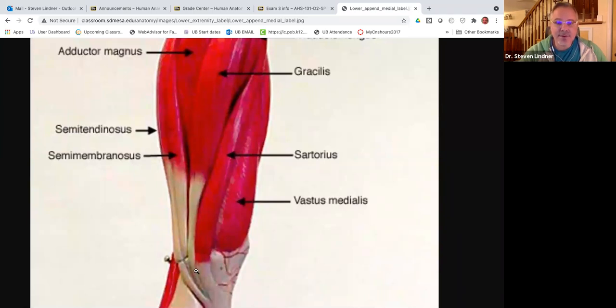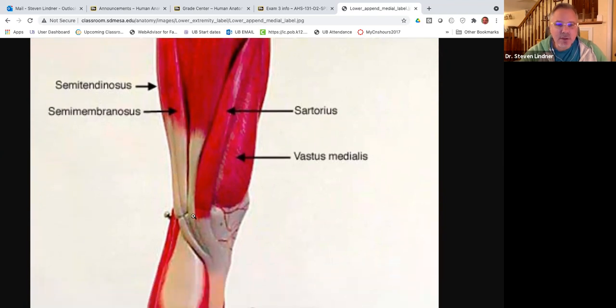And posterior to that is this tendon, which is called the semitendinosus. So we have the sartorius, the gracilis, and the semitendinosus all coming in, making up this goose foot appearance, just medial and posterior to the tibial tubercle.